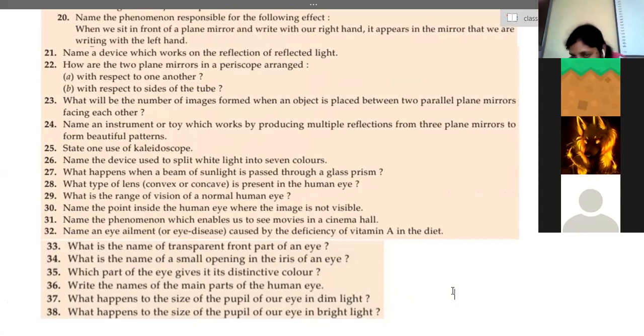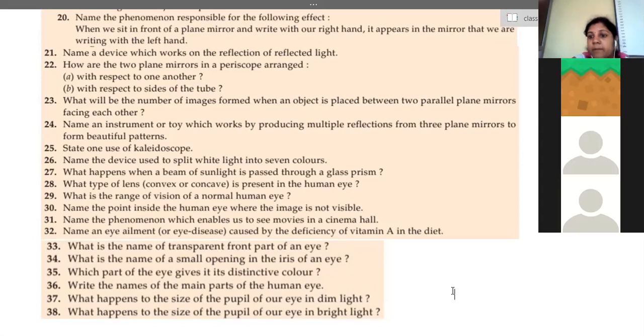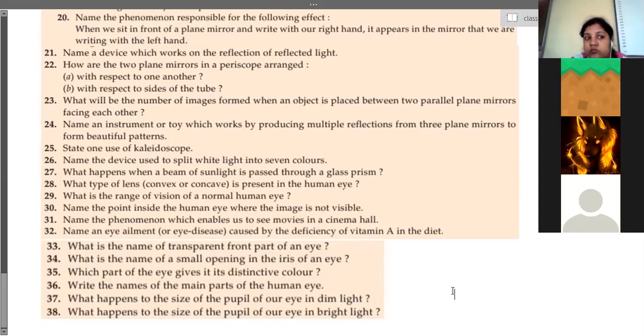Chetna, which question are you doing? Chetna? Hamish, are you solving? Hamish, are you there? Amitabh, Shreyas, which question are you doing? Ma'am, 24th. Shreyas?